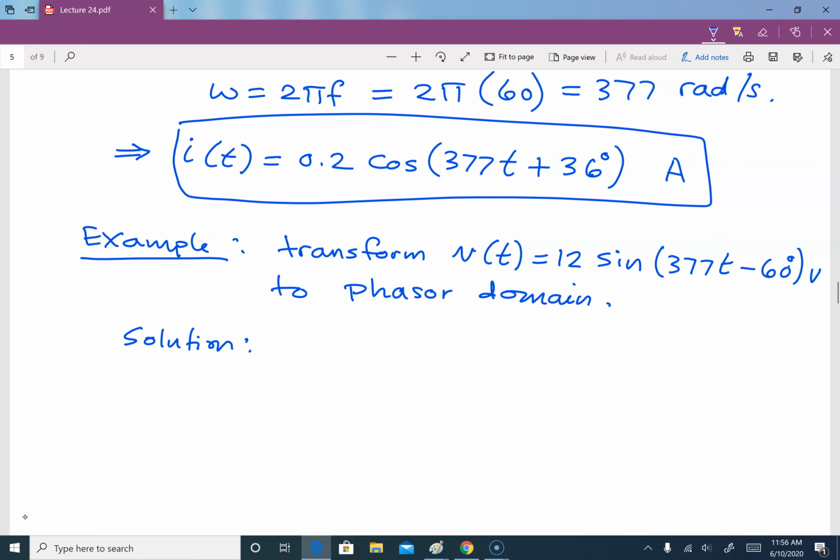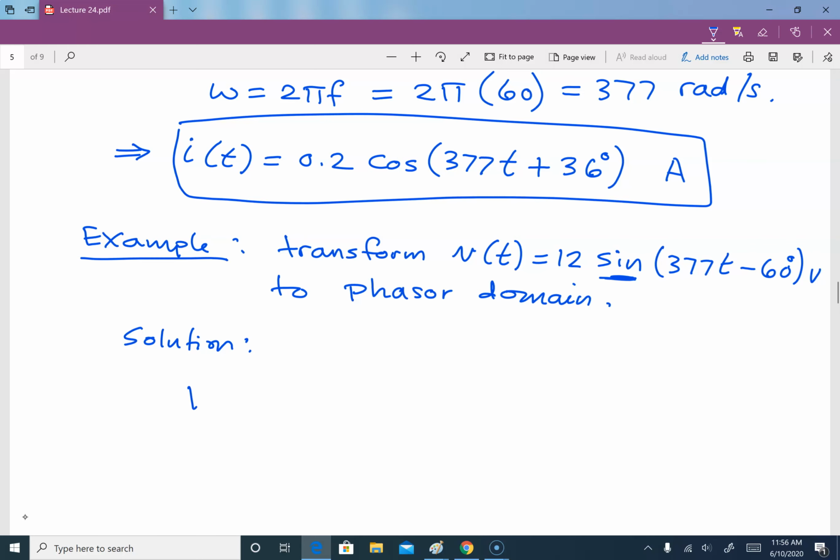We have said that for direct transformation, the time domain expression should be in cosine. However, here it is in sine. So first, we need to convert that v of t to be a cosine.